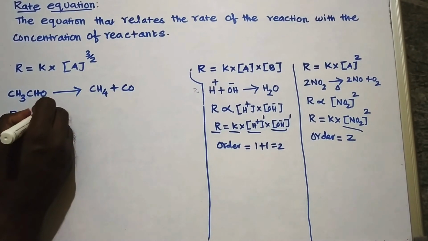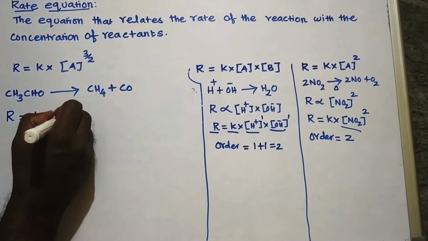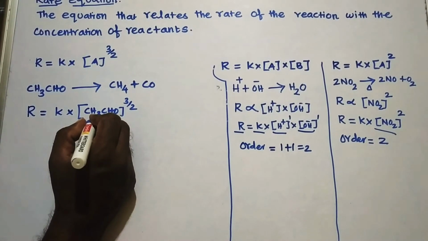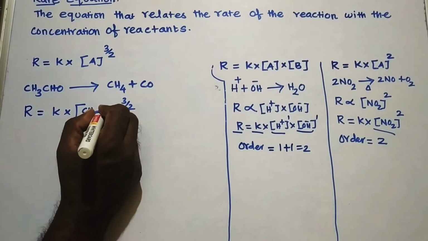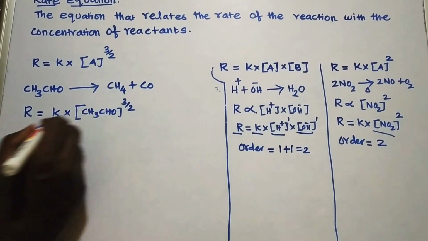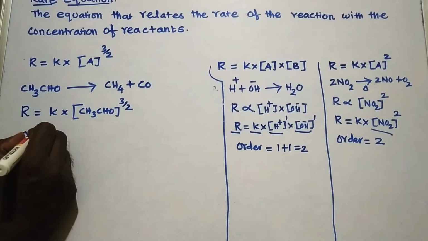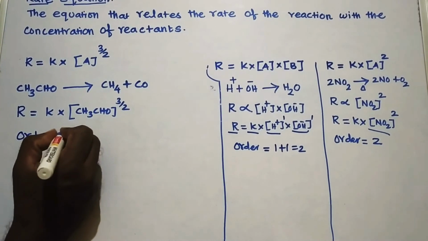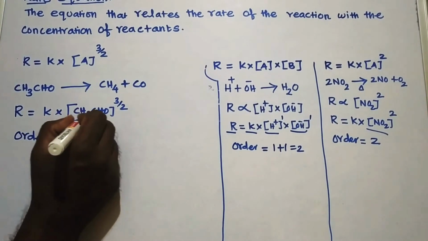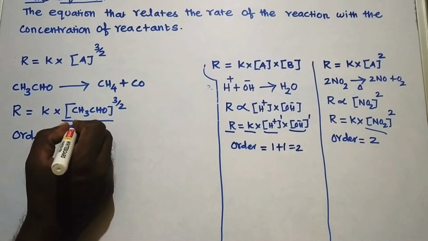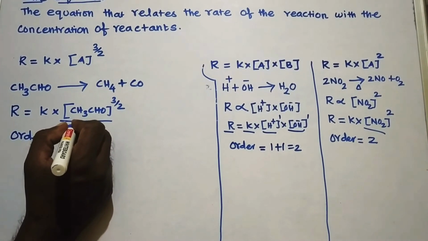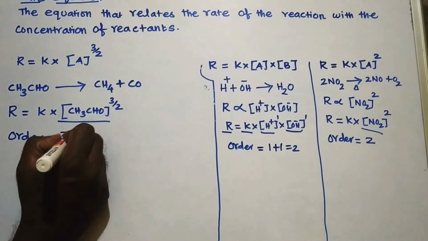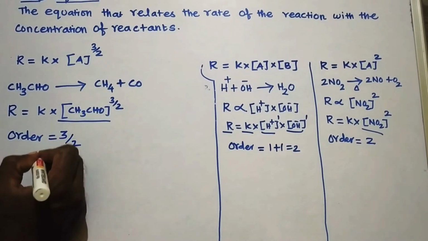R is equal to K into concentration of acetaldehyde whole power 3 by 2. So now we are going to find out the order. It contains only one concentration term, the concentration of acetaldehyde. Therefore, its power is equal to 3 by 2, and the order of the reaction is also equal to 3 by 2.